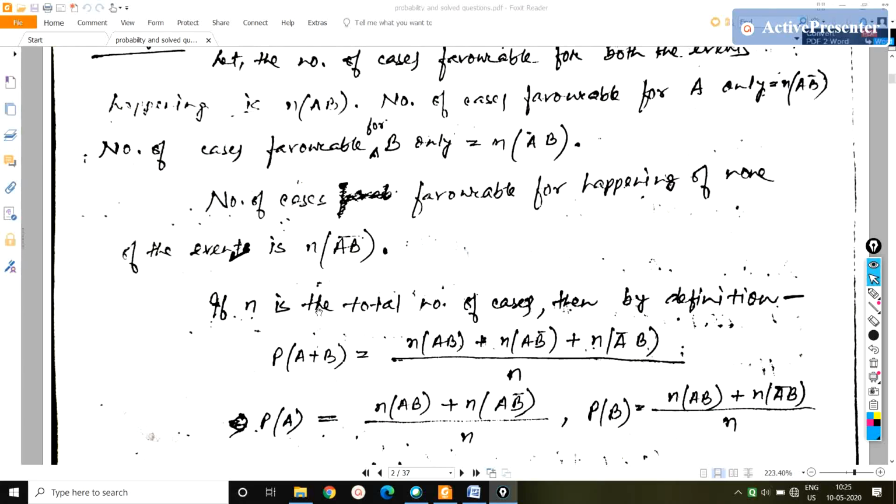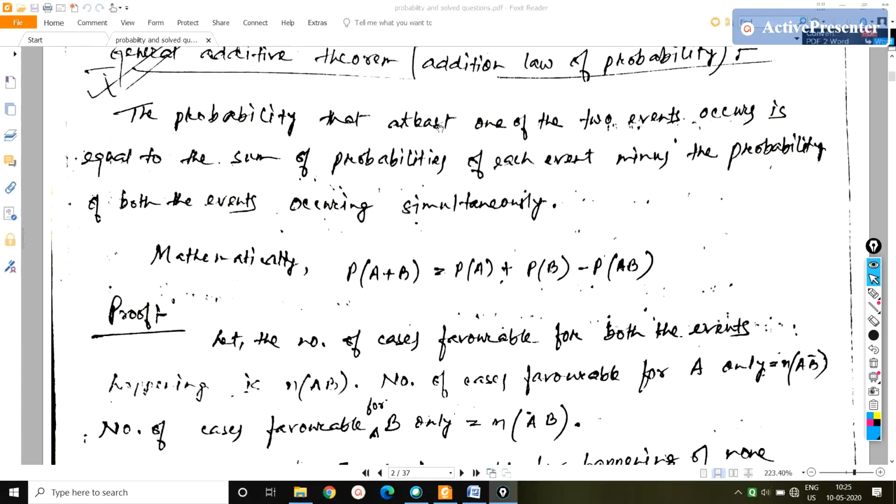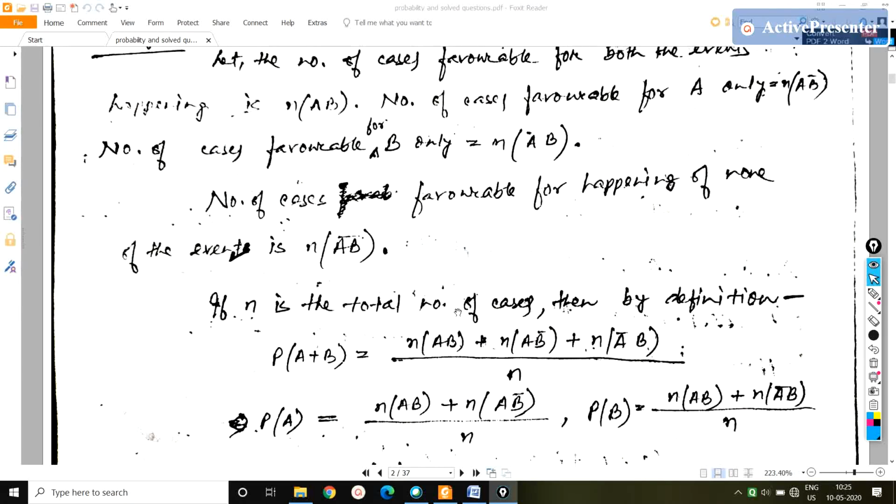Now if small n represents the total number of cases, then by definition the probability of A plus B, that is the probability of at least one of the two events, is, here you see, the cases favorable for both the events, n of AB, cases favorable for A only, cases favorable for B only.